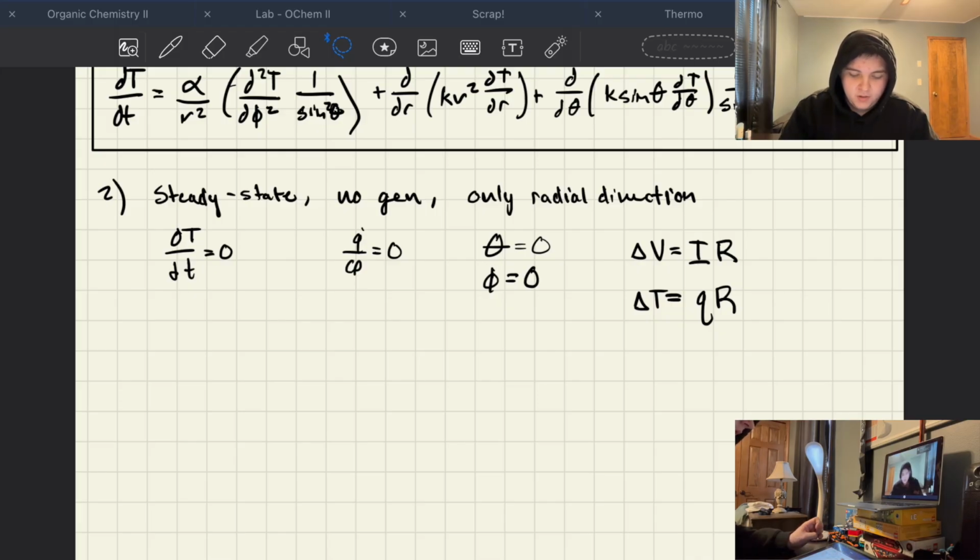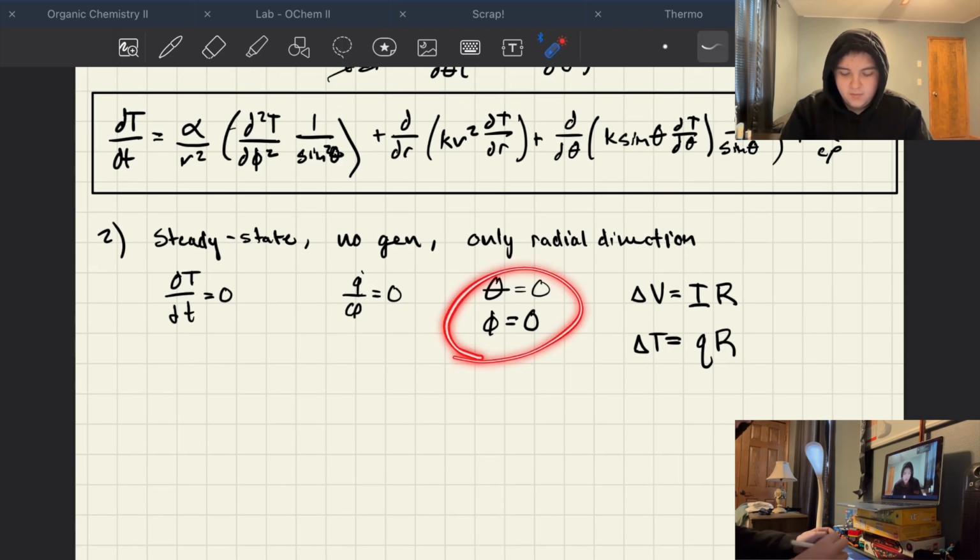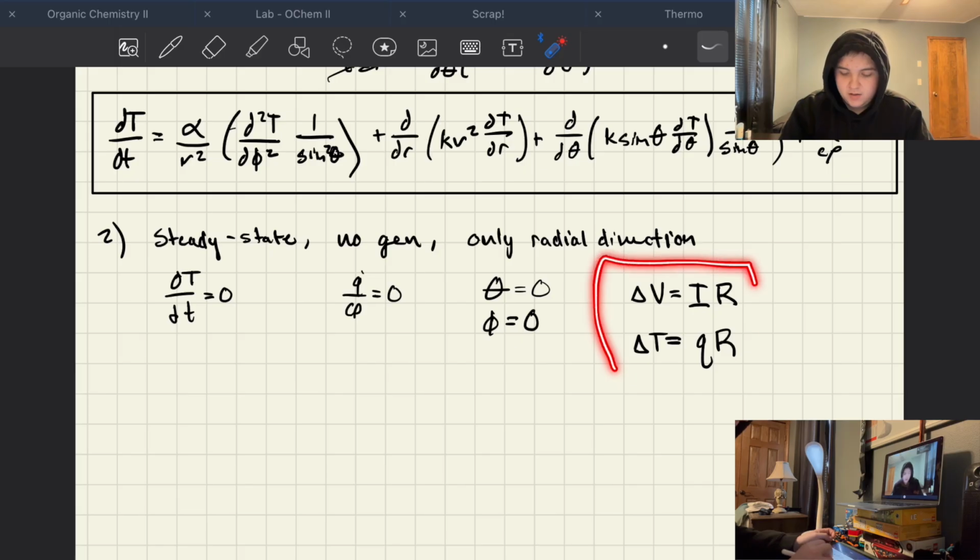So steady state, we'll get our temperature gradient 0, and then no generation, we'll have that equal 0, and then we'll have only radial direction, so our theta and phi being 0. And then here I just have our circuit or voltage equations that we'll be using in like 5 minutes or so.